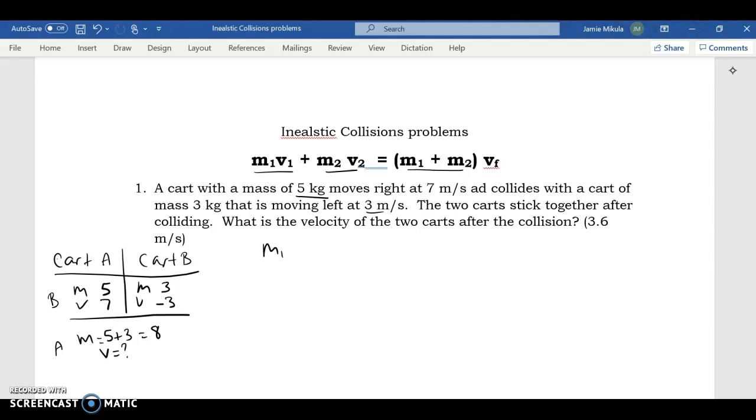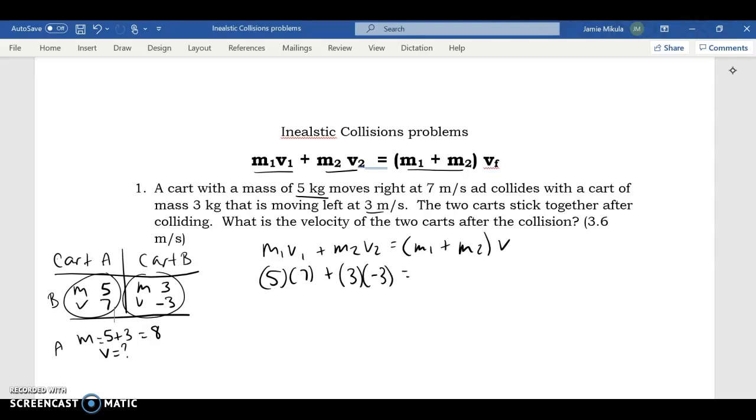All right, so m1 v1 plus m2 v2 equals (m1 plus m2) v. So right here, for the first section, it's going to be 5 kilograms and 7 meters per second. And right here is the second one, 3 kilograms and -3 meters per second. And then the mass of both, so (5 plus 3) v.